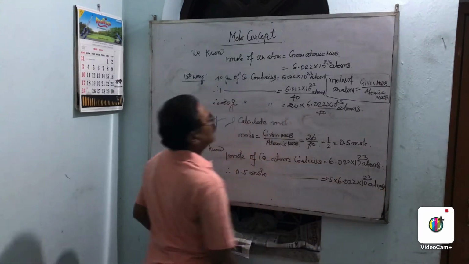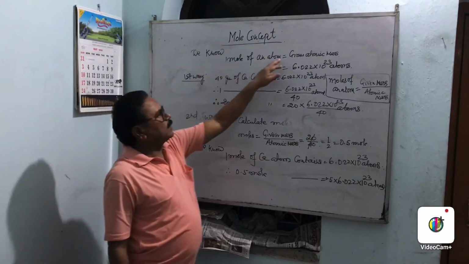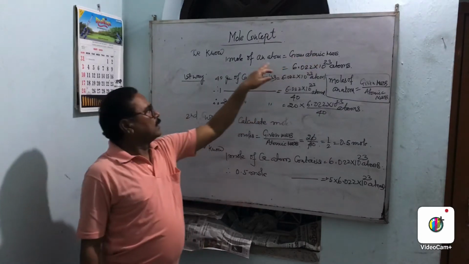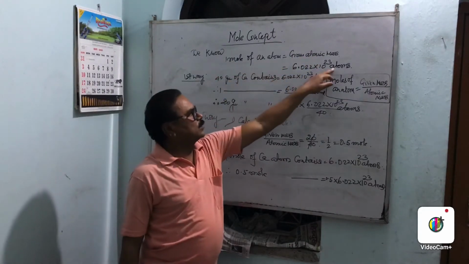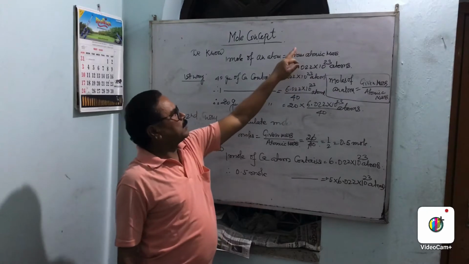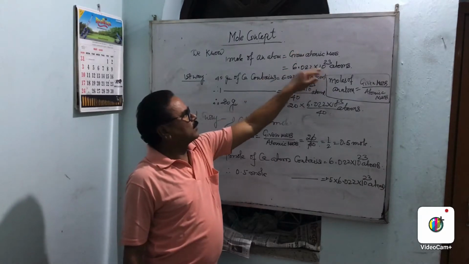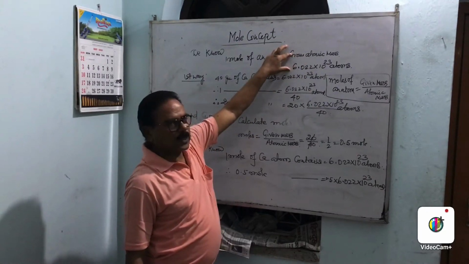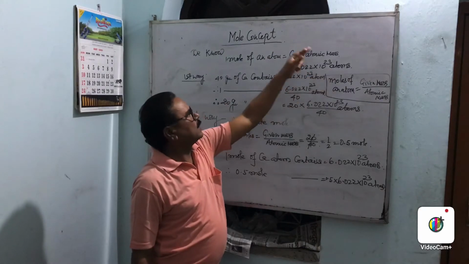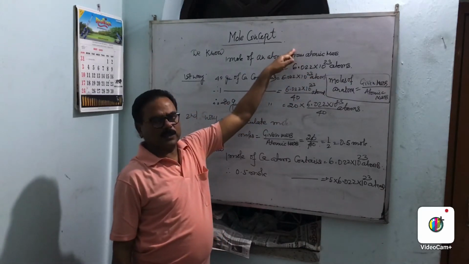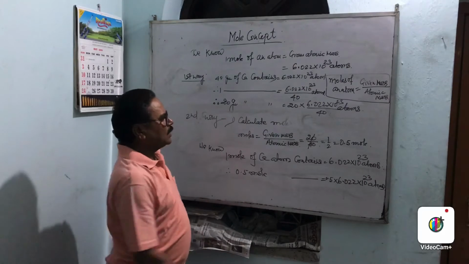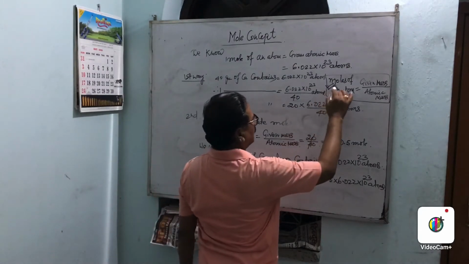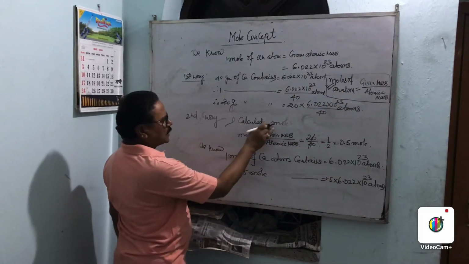So the only way is 1 mole of an atom is equal to gram atomic mass, and 1 mole of atom is equal to this one. If the mass is given, atoms can be calculated by this one. If the atoms are given, then mass can be calculated by this one. So by that formula moles can be calculated, and the number of atoms can be calculated.